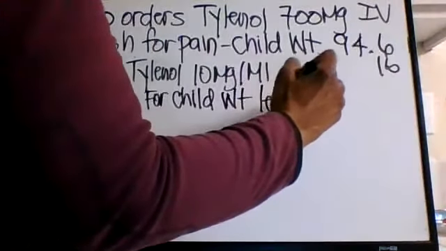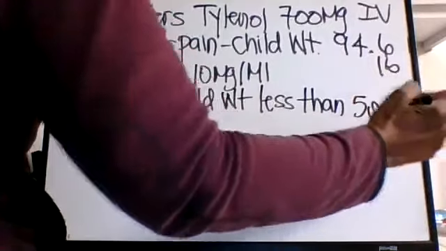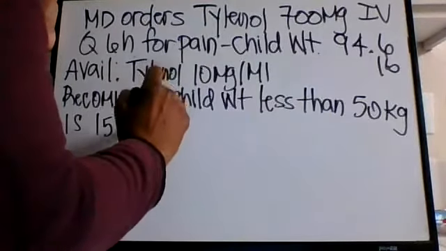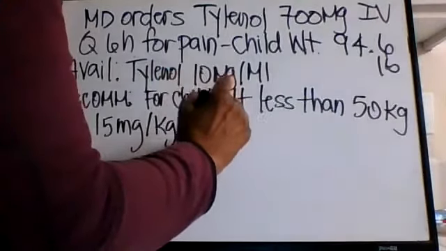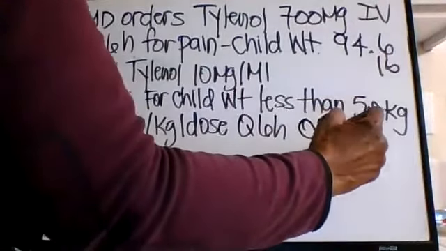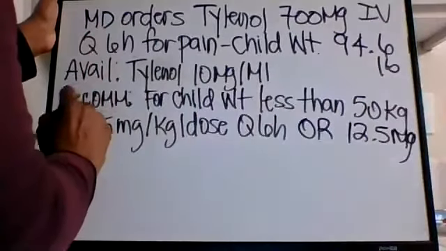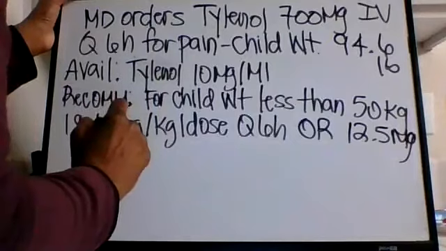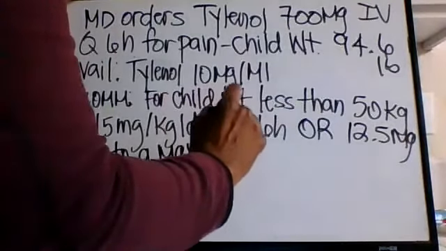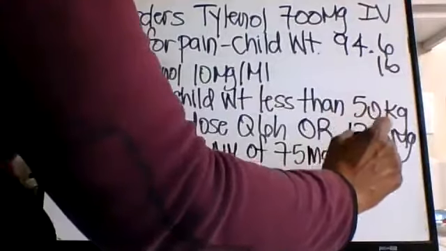Weight that is less than 50 kilograms is 15 milligrams per kilogram per dose every 6 hours, or 12.5 milligrams per kilogram per dose every 4 hours, to a maximum of 75 milligrams per kilogram per 24 hours.